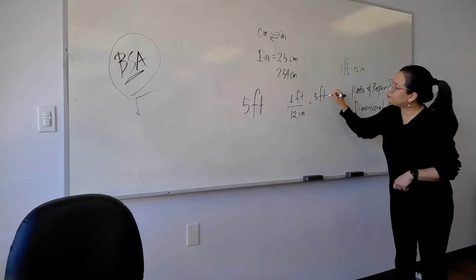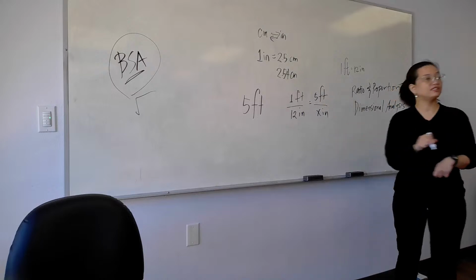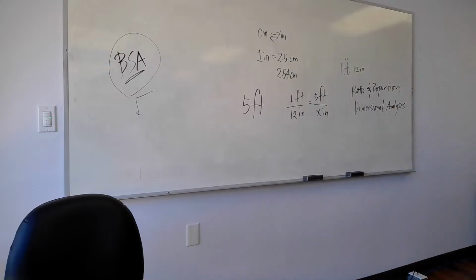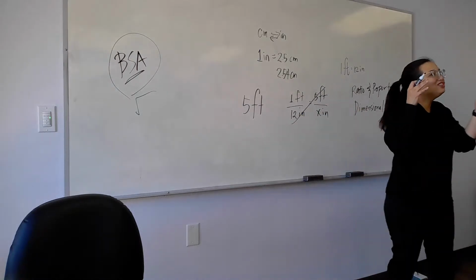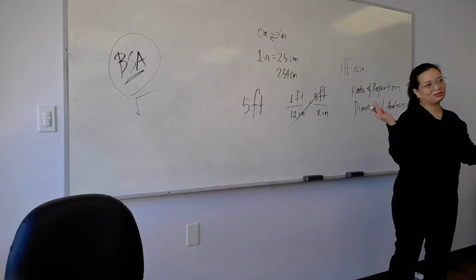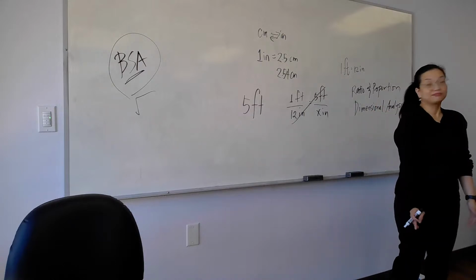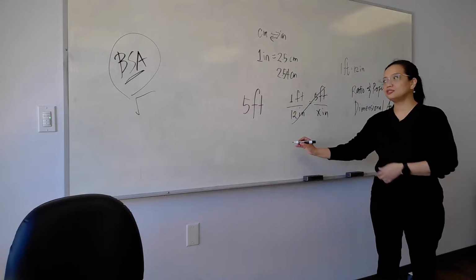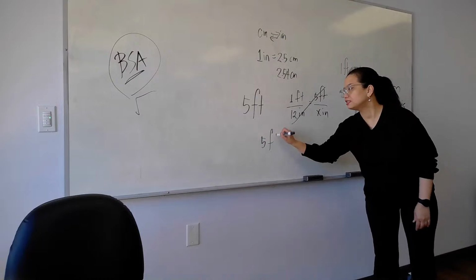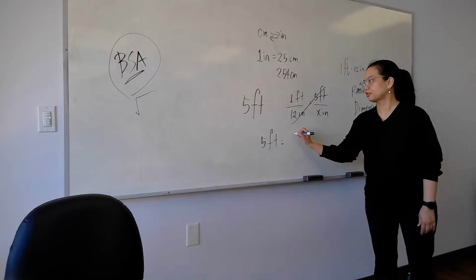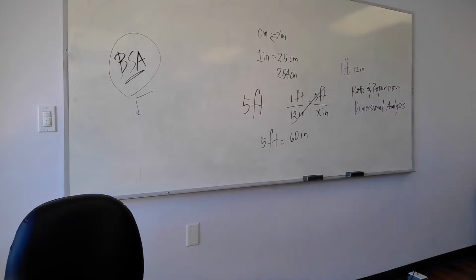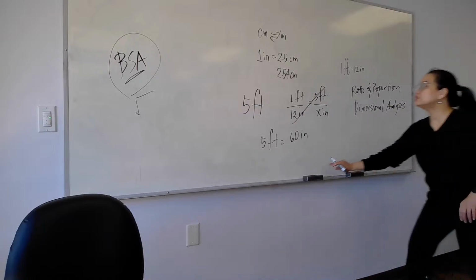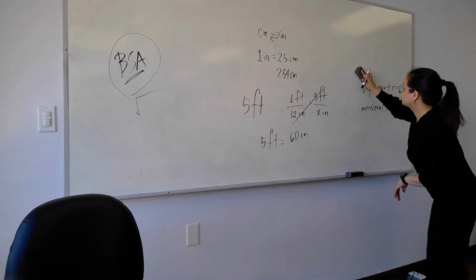So 5 feet is X inches. That's ratio and proportion. What's the next step? You just validated it. You have to multiply. You can end there, right? So 5 foot is how many inches? 60 inches.